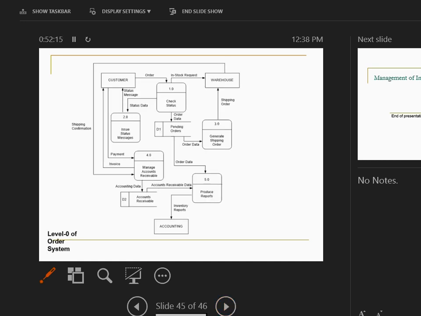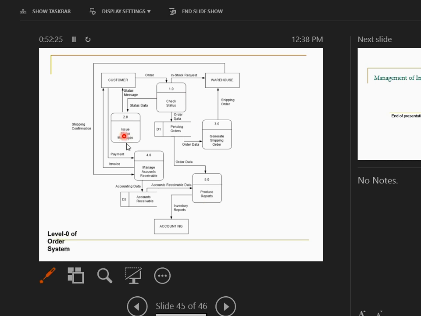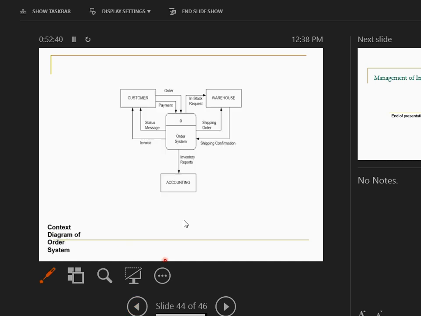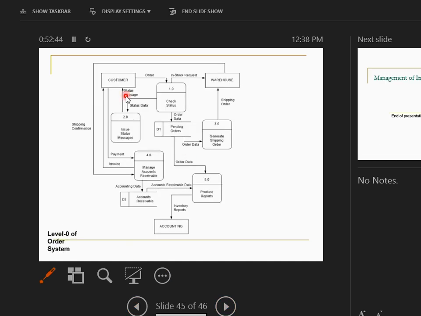The level 0 data flow diagram, following that analysis, says that doing that process that we call order system really consists of what these 5 sub-processes do. And this leveling idea is that if the customer provides an order and gets a status message and gets an invoice and provides a payment, well, that was what we said here, then that's what needs to happen here.